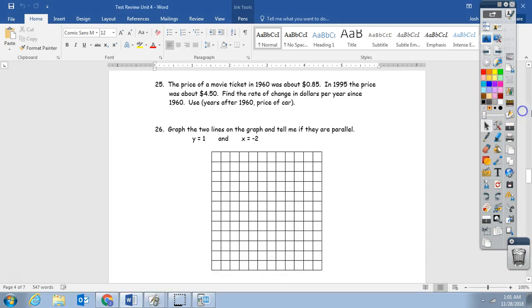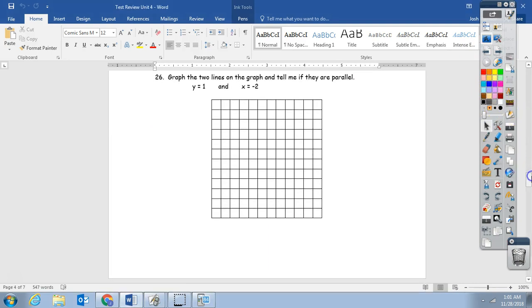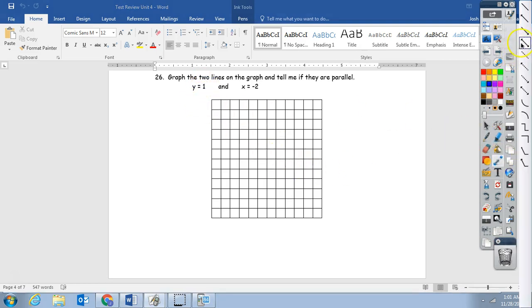Number 26 was graphing two of the easiest lines you will ever graph. These are y equals 1 and x equals -2. If it only has y equals 1, that is a horizontal line. All you have to be able to do is count up to 1 and then draw a horizontal line at 1.